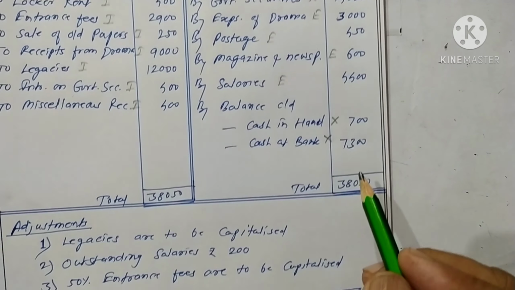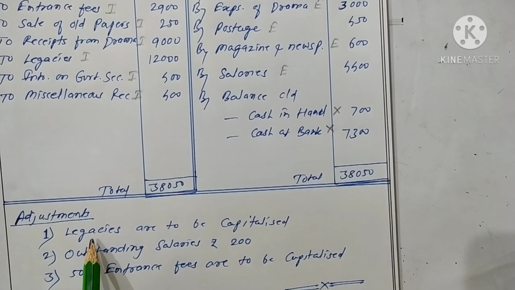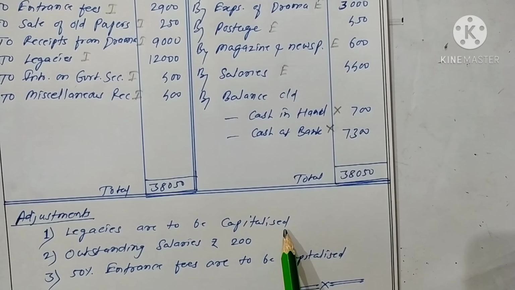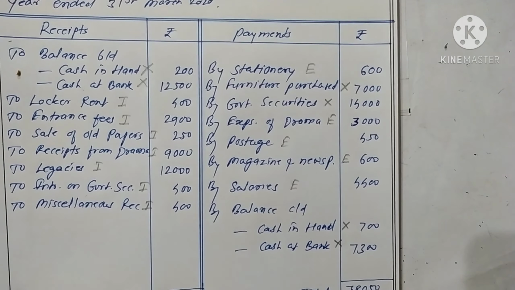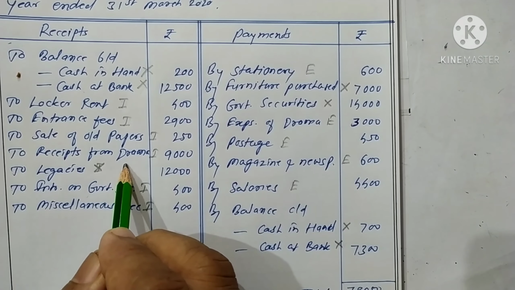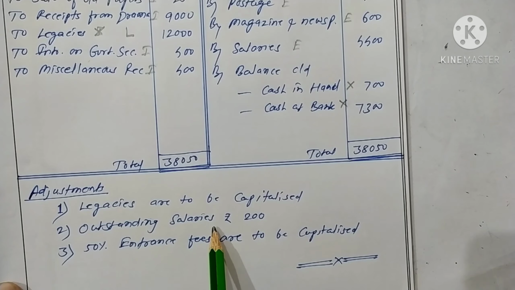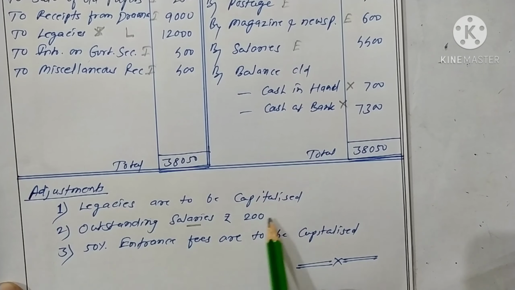Now the adjustments. Legacies are to be capitalized. It is to be deducted from legacies and added to the capital fund, or otherwise we write it directly on the liability side. So legacies will not affect the income side; it goes directly to the liability side. Outstanding salaries are to be added to the salary account.